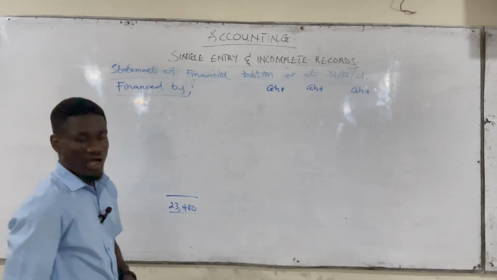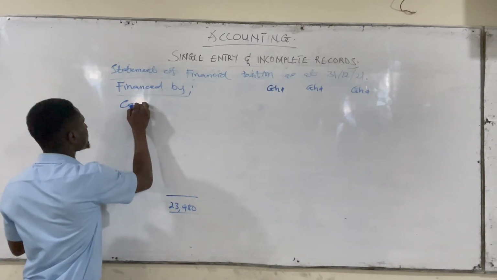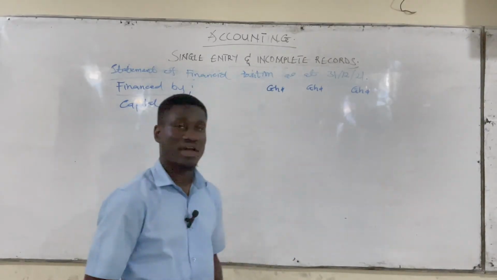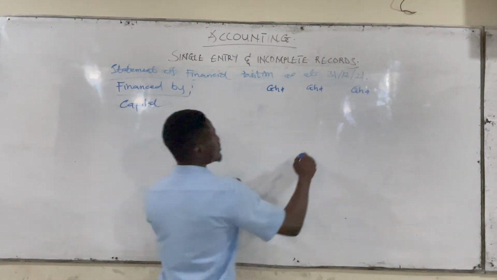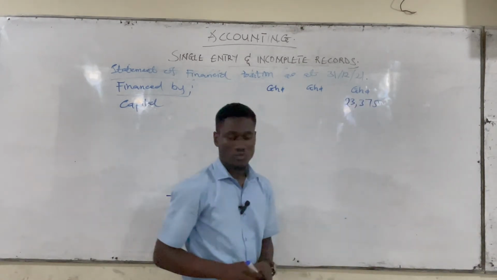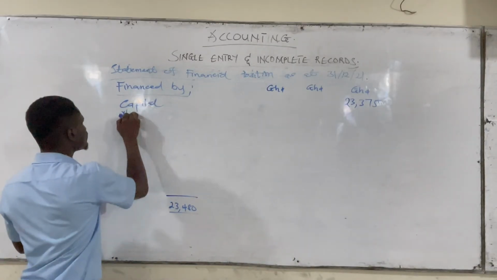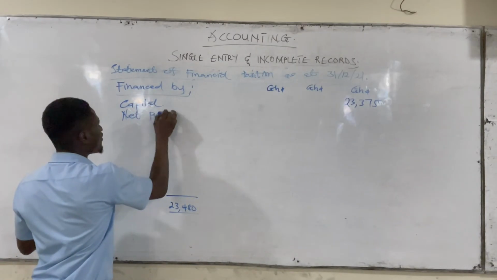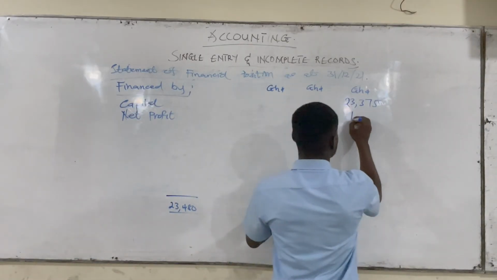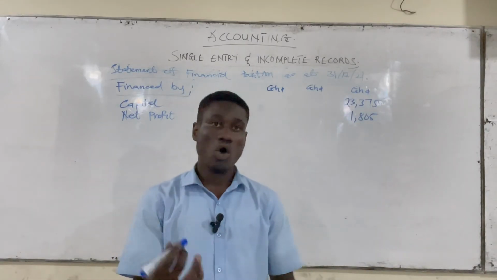Good. So capital we got was 23,375. Good. So we had a net profit too. So net profit of 1,805. Good.